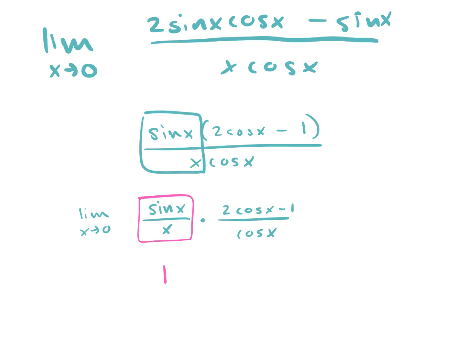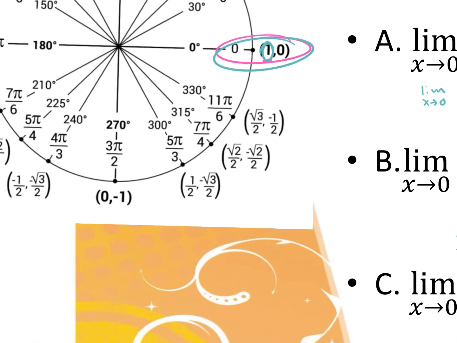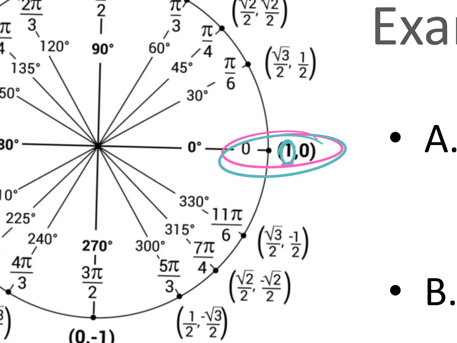Now let's try direct substitution with the second part, now that I don't have an x on the bottom. If we plug in 0, we have 2 times the cosine of 0 minus 1 over the cosine of 0. Let's go to our unit circle. What is the cosine of 0? Cosine of 0 would be here.